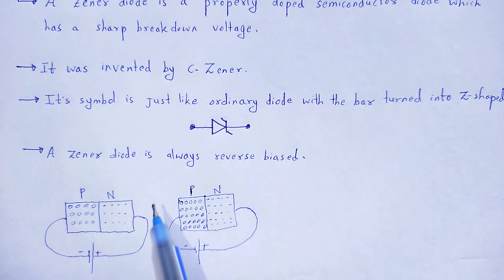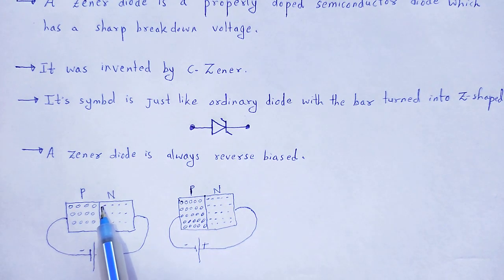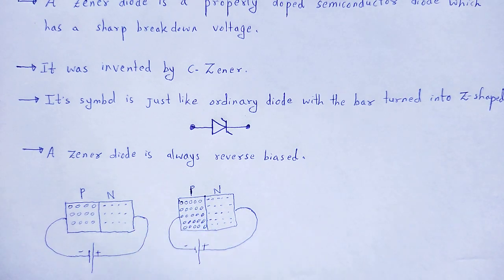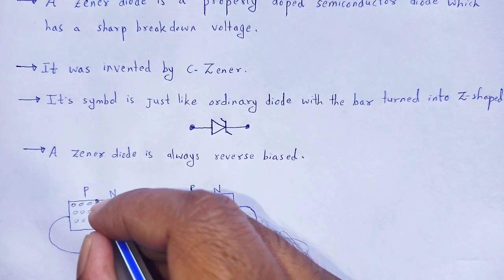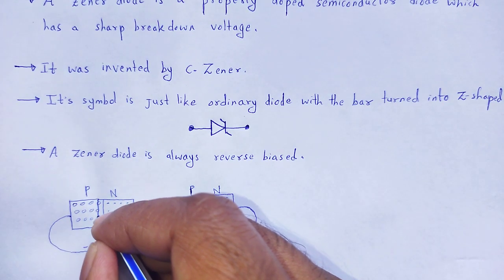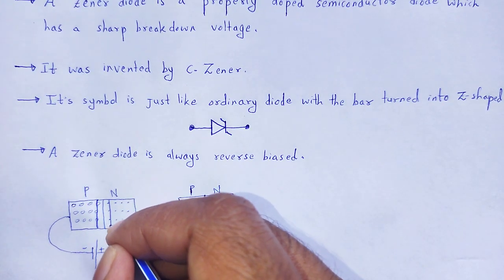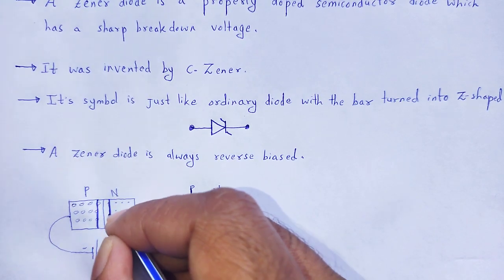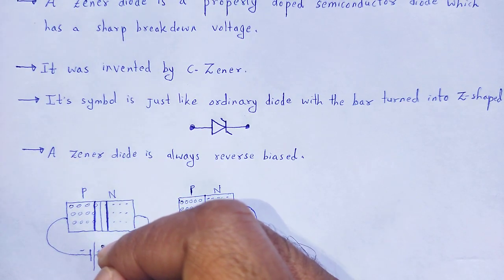At that situation, the free electrons fill the holes, and we obtain the depletion region.